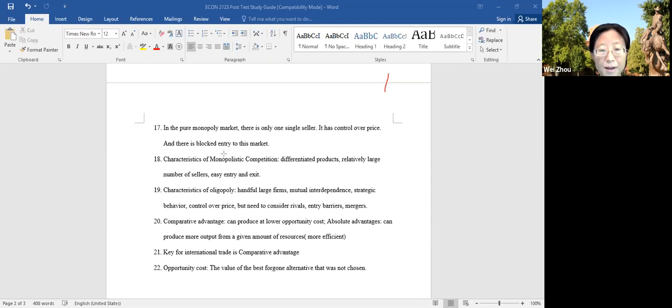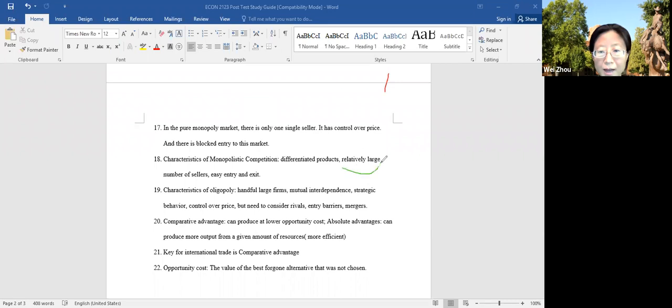All right. So the next one we discussed for the market structure is monopolistic competition. What is the characteristic for monopolistic competition? Remember, we said we have a relatively large number of sellers.